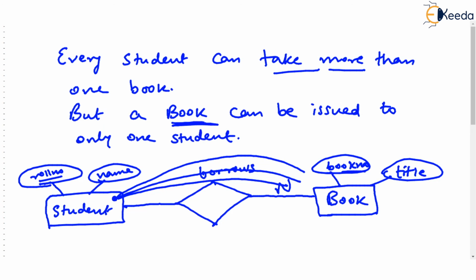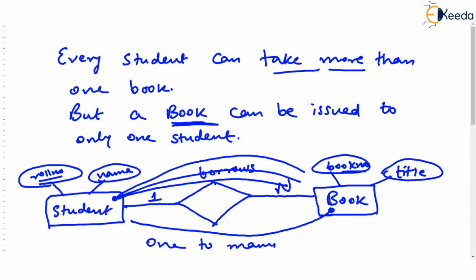And if you ask a particular book, which student are you with, then the book will say, I am with this particular student, only one student at a time. That means this will be one. If you put this in natural language like English, if you ask questions to each entity on the left and right, there is no problem in understanding that this is one to many.